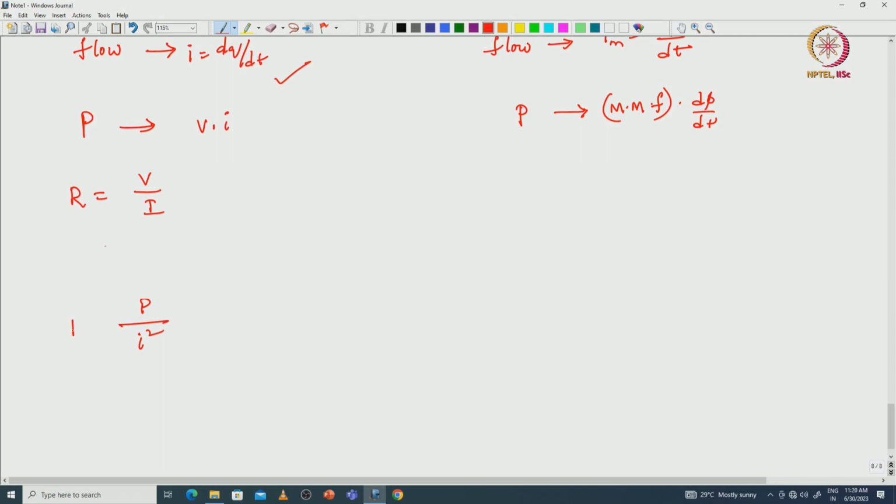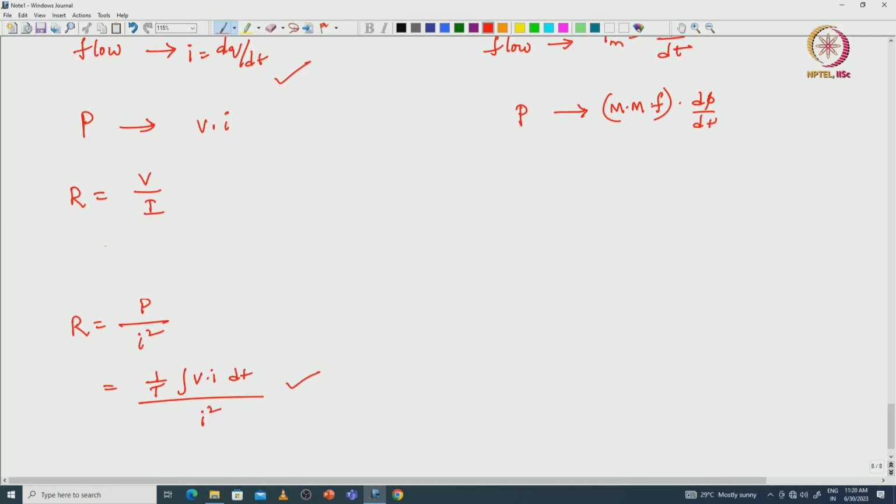So, with respect to power divided by I square, the equation is 1 by T integral of V into I dt divided by I square. This is the power equation.